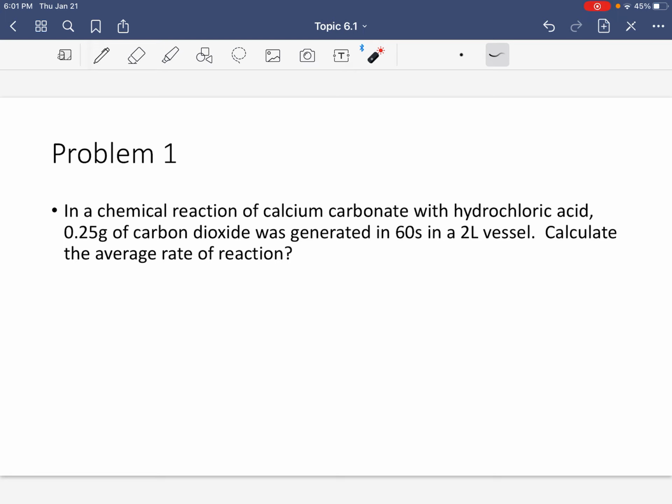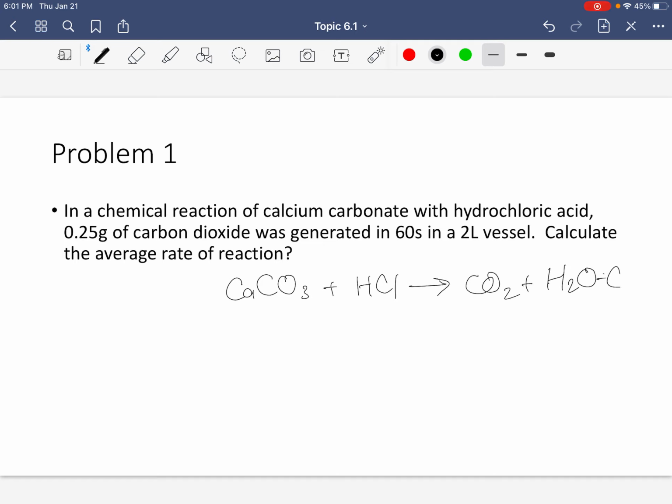So in a chemical reaction of, look, you can never get away from this reaction, calcium carbonate with hydrochloric acid, you're going to get carbon dioxide, you're going to get water, you're going to get calcium chloride. Okay? And, hey, you're going to have to balance this, or else it would make no sense.